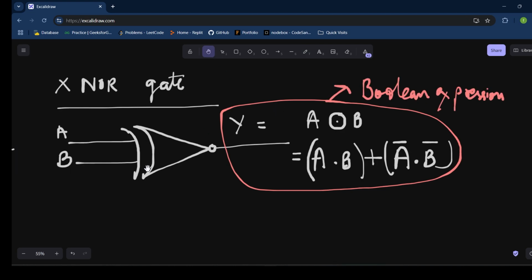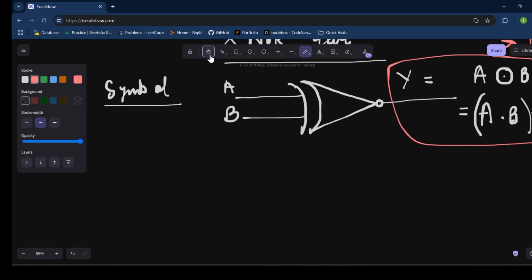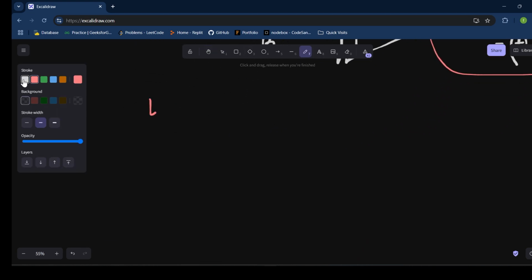Now let's have the table for this as well. Simply a two input gate. So again the four combinations.